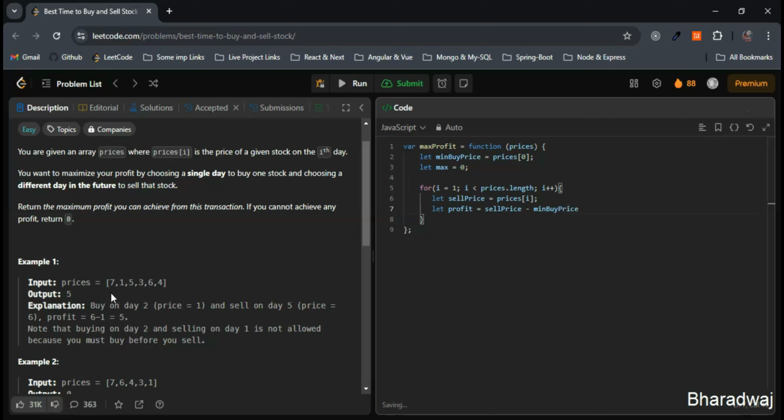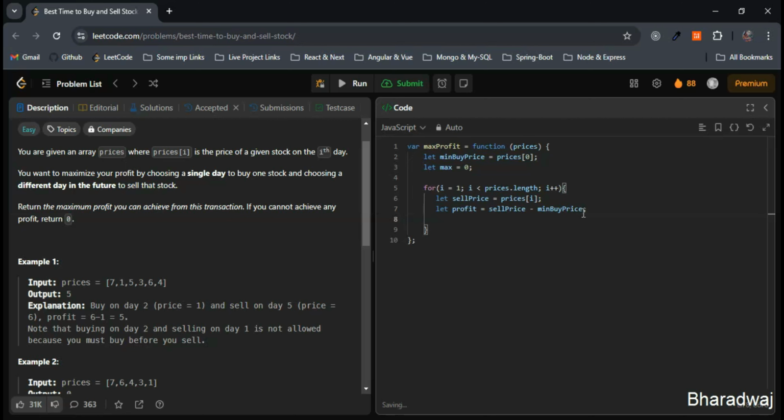Here, in the case of 1 and 6, the sell price is 6 and the minimum buy price is 1, so 6 minus 1 is 5. That's what we are writing here: the profit is sell price minus minimum buy price.